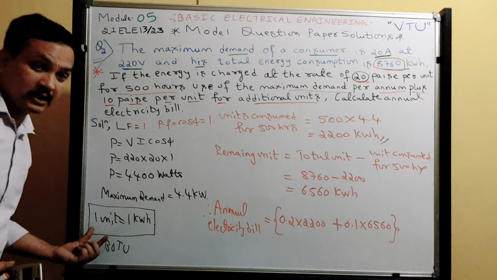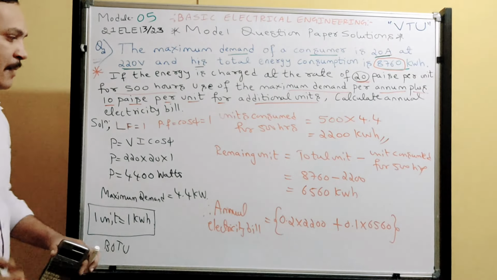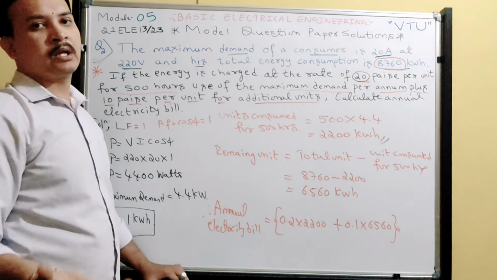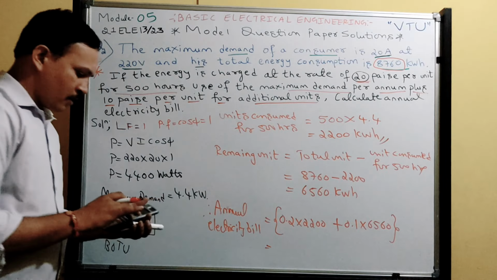Remember, 1 unit is nothing but 1 kilowatt hour. In the viva in the electrical lab they may also ask what is 1 unit: 1 unit is nothing but 1 kilowatt hour power consumption. So please do this.